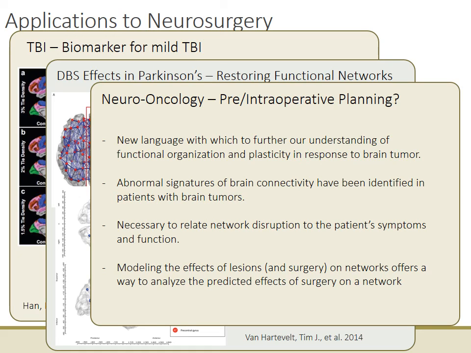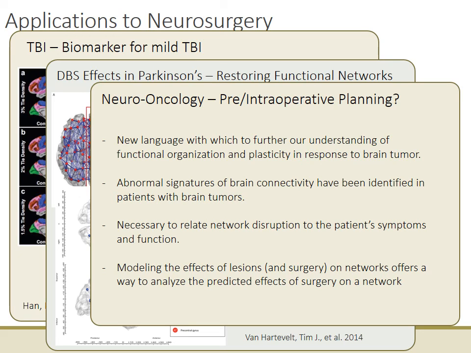And it's also been studied that functional networks in patients with various brain tumors are grossly altered. The barrier to using this intraoperatively, though, is the necessity to relate these disruptions to some sort of symptomatology or function of the patient, and that still remains to be seen.